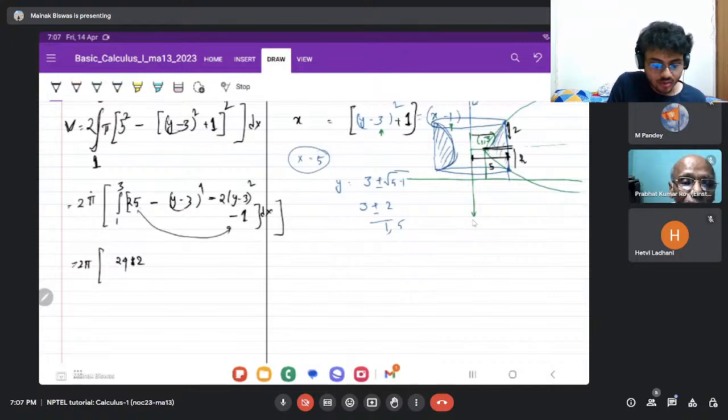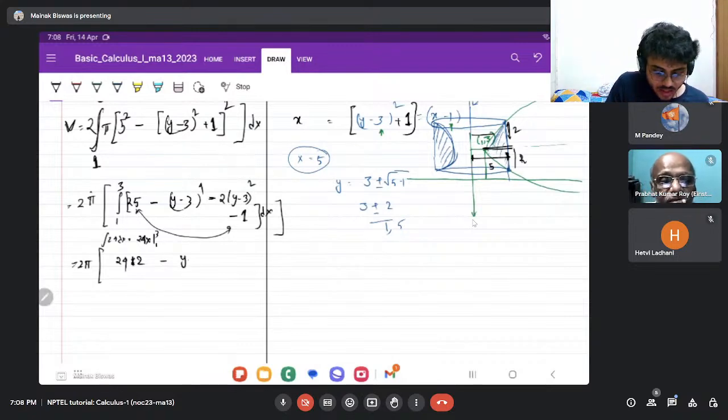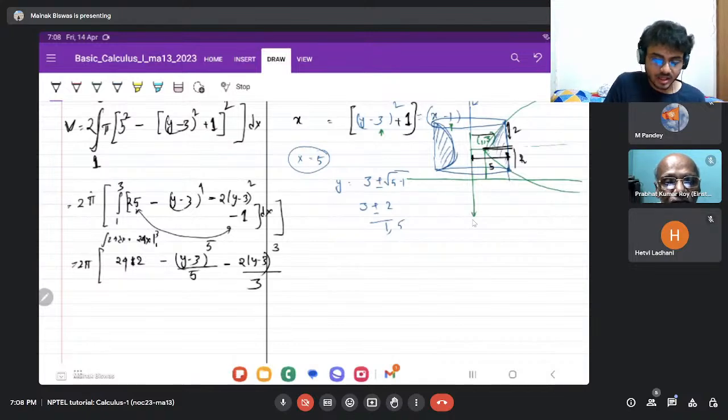So this is 24, and then if I integrate, I'll get y. Integral of 24 dy is equal to 24y from 1 to 3, which is into 2. It's a linear function, just multiply by 2. Minus (y minus 3) whole to the power 5 by 5, minus 2 into (y minus 3) whole to the power 3 by 3. Agreed? Is equal to 2 pi times 48 minus, your denominator will become, so this is between 1 and 3.